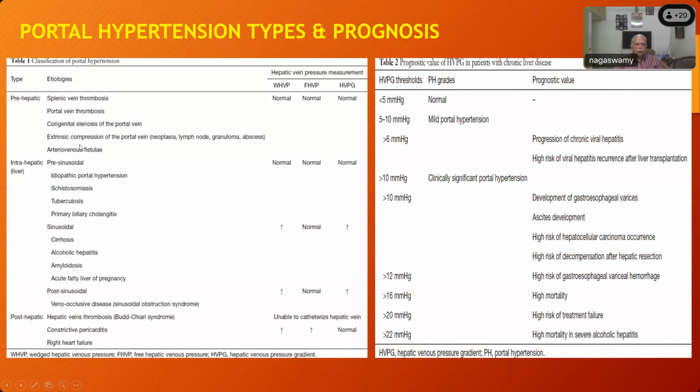So all these thrombosis in the portal or splenic vein, then sinusoidal, idiopathic portal hypertension, all these causes are there. And the hepatic venous pressure gradient less than 5 is normal, 5 to 10 mild, more than 10 severe, like that it goes on increasing.